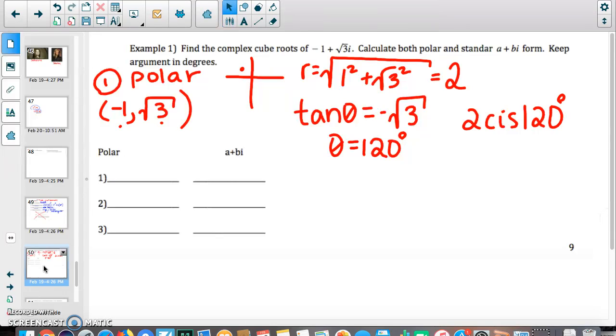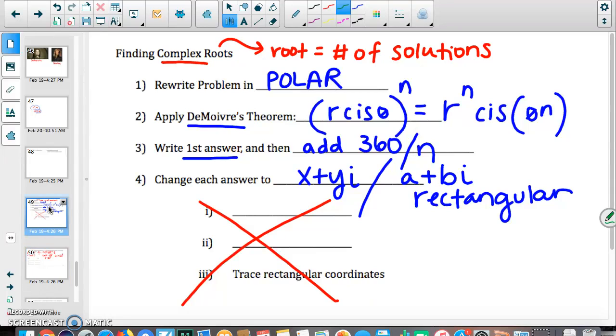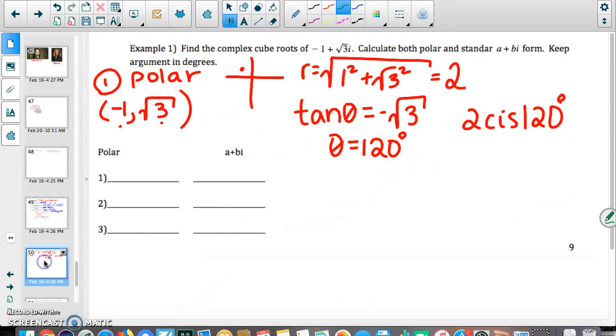First step, check. Next, we have to apply the theorem that we've been working on. Step number 2 is to take this to a power. It looks like we want a cube root, so we need 3 solutions. Ooh, look, I give you a space for that. We have 3 solutions. Since I'm taking a cube root, that's taking it to the 1/3 power.